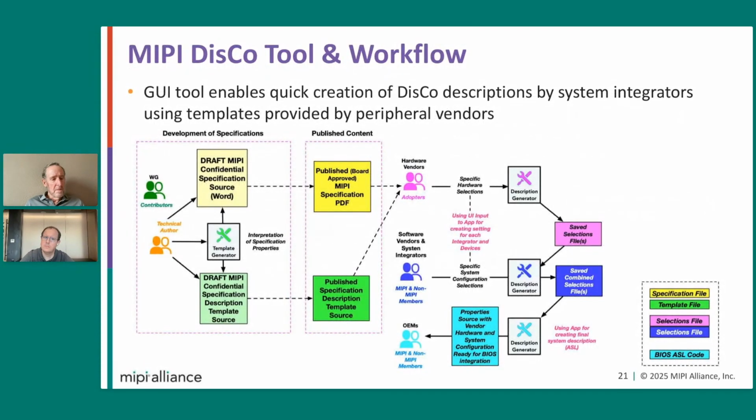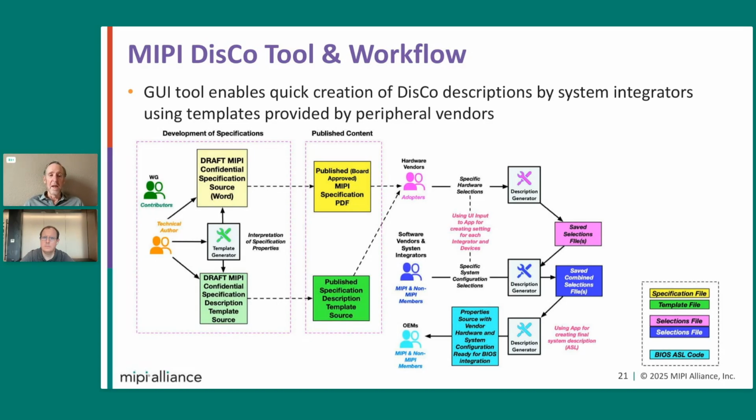So what is interesting about DisCo is that it is necessary to provide a fairly large amount of information about the hardware, the transport, the system and integration capabilities, to allow you as an adopter, integrator, or hardware vendor to build that data set.